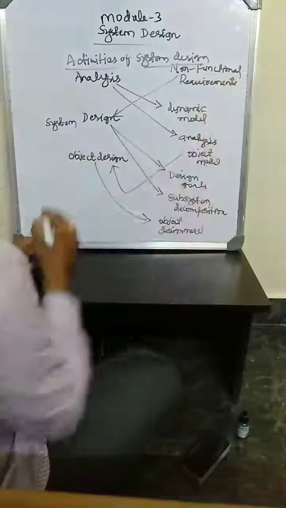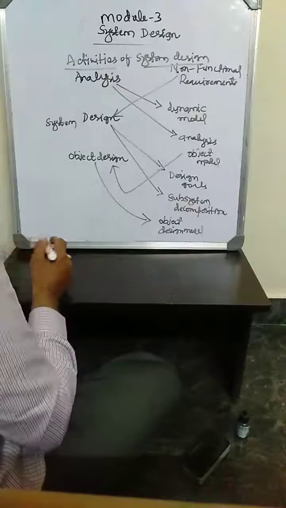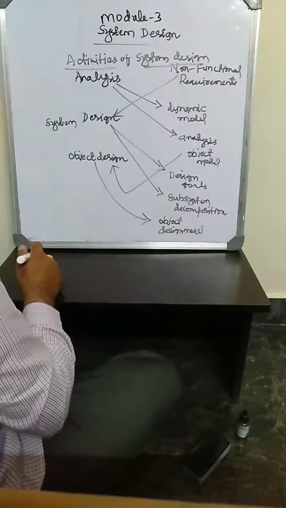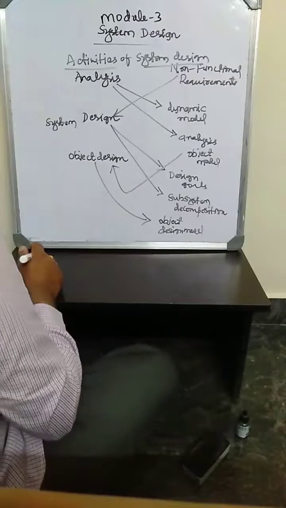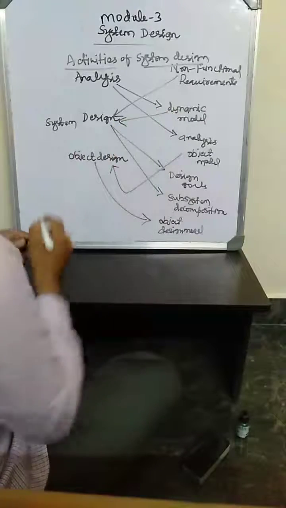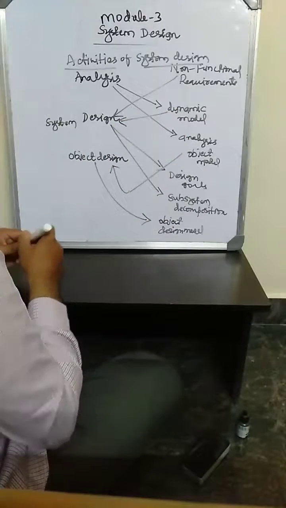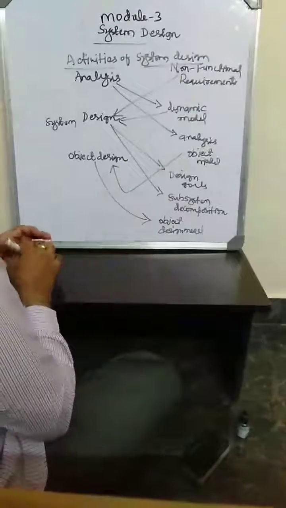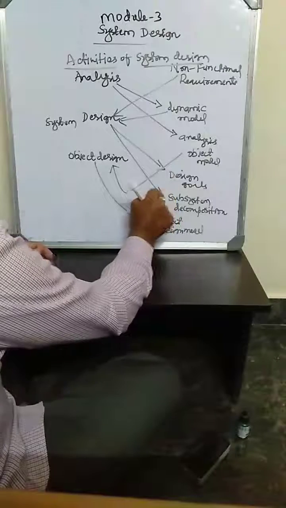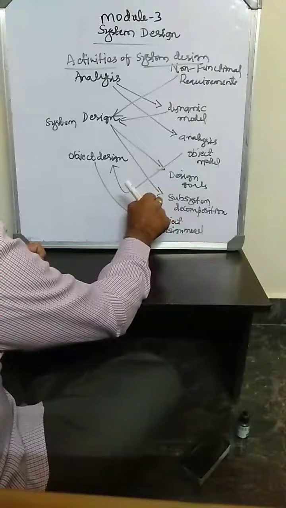And the dynamic model is associated with the system design. Absolutely, it is associated with the system design. And the analysis object model is associated with the object design. And system design is associated with design goal and subsystem decomposition.